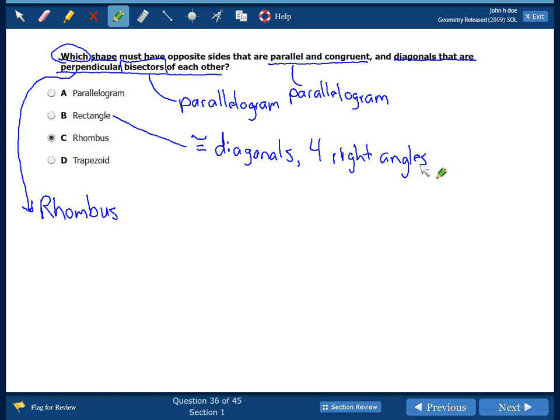And a lot of you might be thinking it's a trapezoid, but the thing that makes it not a trapezoid is that it only has one pair of parallel sides, and they don't have to be congruent. So that congruent part is out. Our answer is C, rhombus.